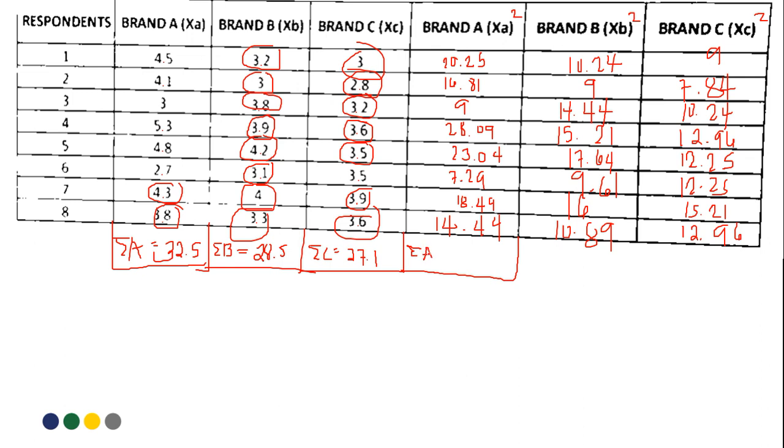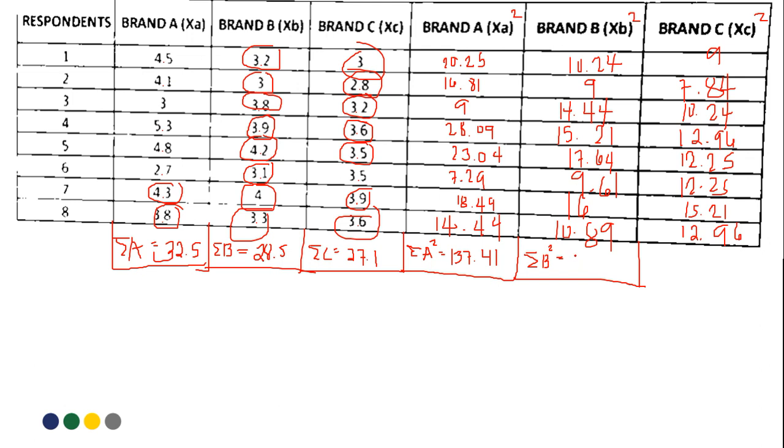Summation ng A squared. Uy, ang pahit ng sulat ko. 137.41. Summation ng B squared. 103.03. Ilan ulit?